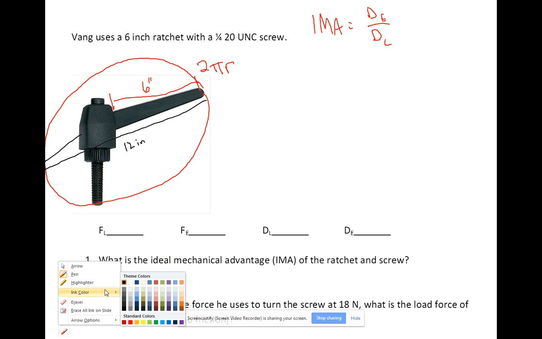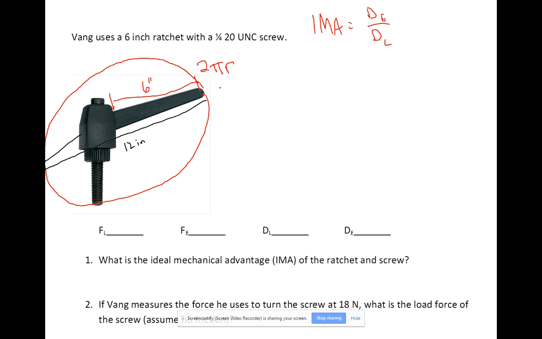So then we use the 2 pi r, and would be 2 pi times 6, right? Because 6 inches is the length. So 2 pi times 6 will give us 12 pi. And now this, of course, is going to be the distance of the effort, because this is where Vang is going to put his hands and where he's going to turn.